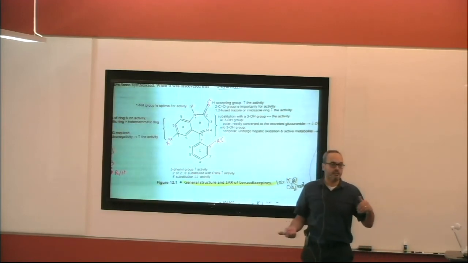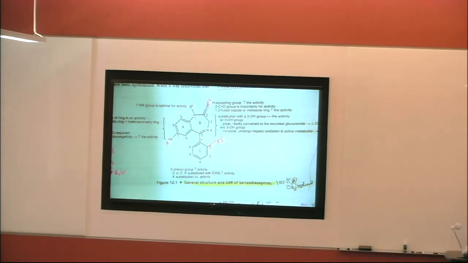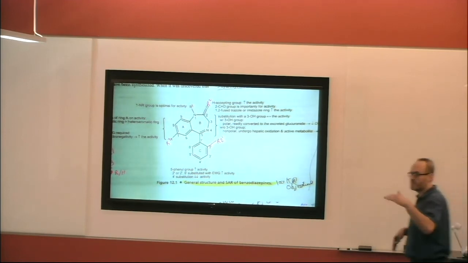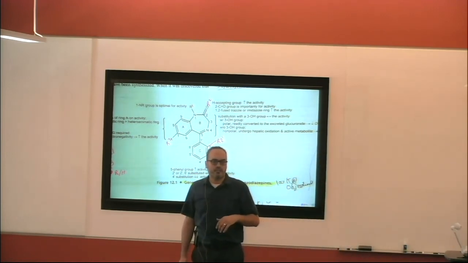Exactly. So the first step to save their life is to give them an antagonist, bring them back to life, breathing, so the respiratory system is working, and then of course you want to give them a partial agonist to wean them off for some time, and then gradually decrease.